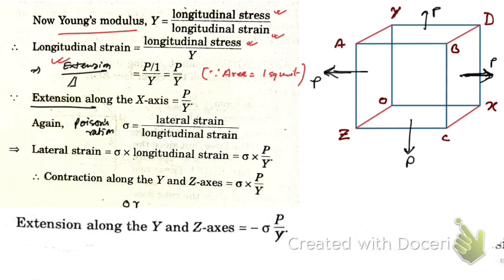It gives lateral strain by longitudinal strain. So lateral strain will be equal to sigma into longitudinal strain, which is nothing but sigma into P by Y. Y is the Young's modulus here.